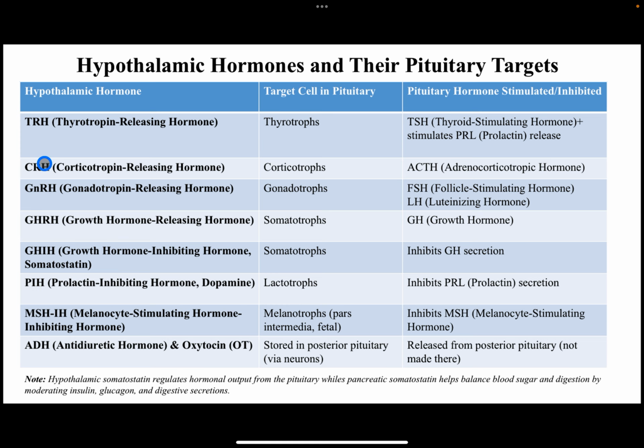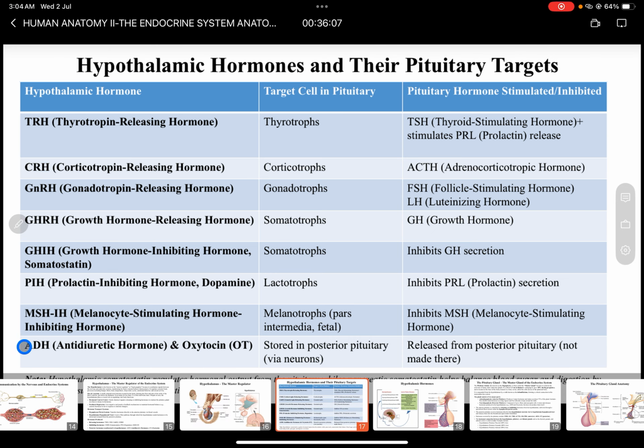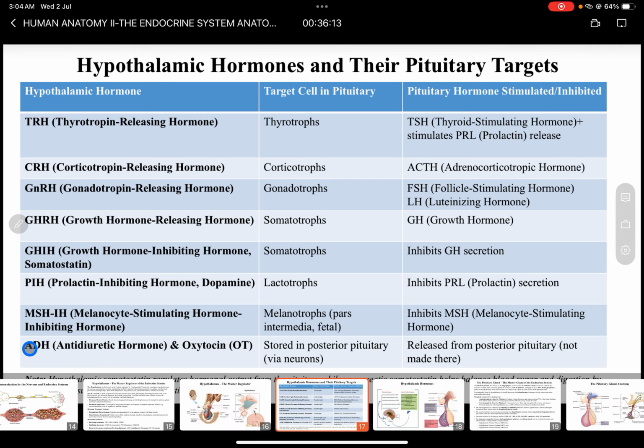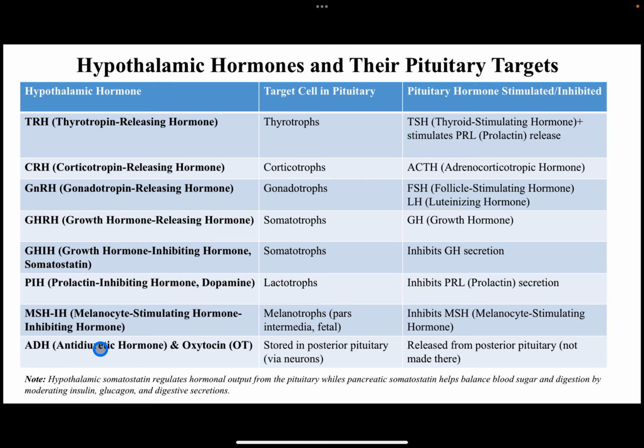These hormones are produced and stored in the hypothalamus, but antidiuretic hormone and oxytocin are produced in the hypothalamus and transported via neurons to the posterior pituitary to be stored there.